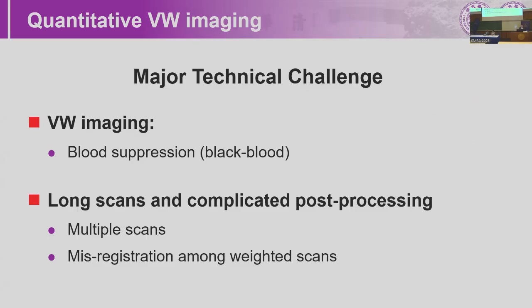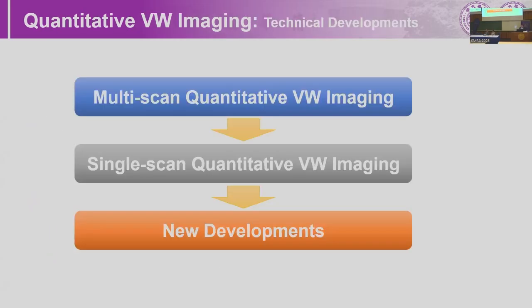The second is that quantitative imaging is very hard to do because it still needs multiple scans, usually with different flip angles, different TEs, and other things. That also causes misregistration among the scans. So I will go through the technical development in these three categories.